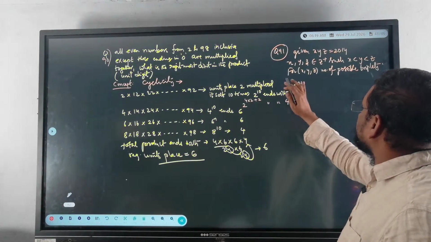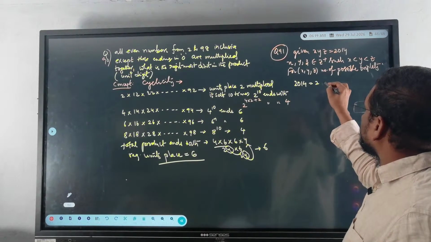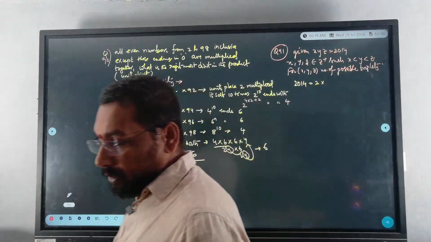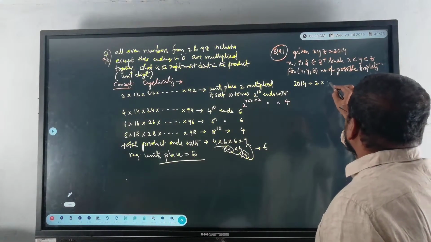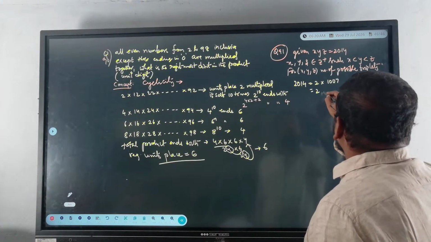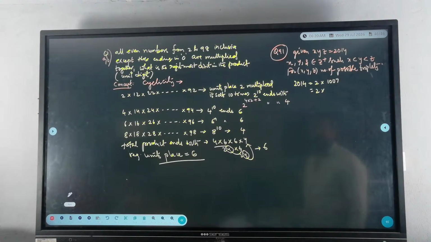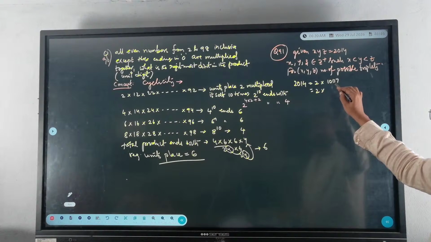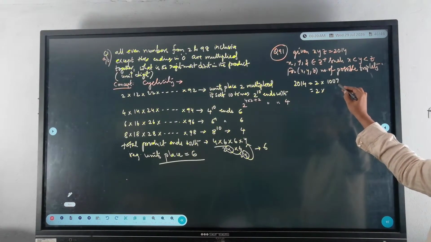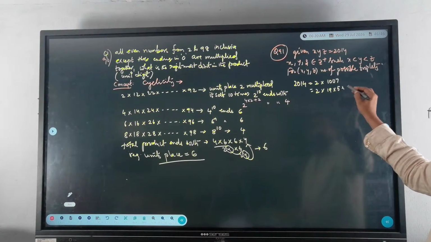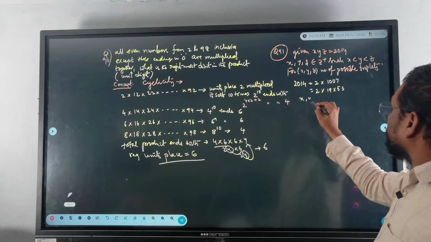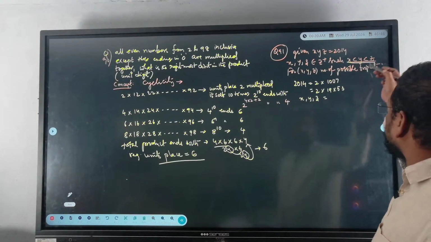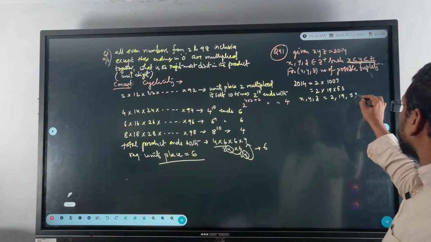So 2014 can be written as 2 into 1007. It is not divisible by 3, 5, 7, 11, 13, 17; 19 times 53 is 1007. So 2014 is 2 into 19 into 53. With the condition x less than y less than z, the triplets are 1, 2, 1007; 1, 19, 106; 1, 38, 53; and 2, 19, 53.